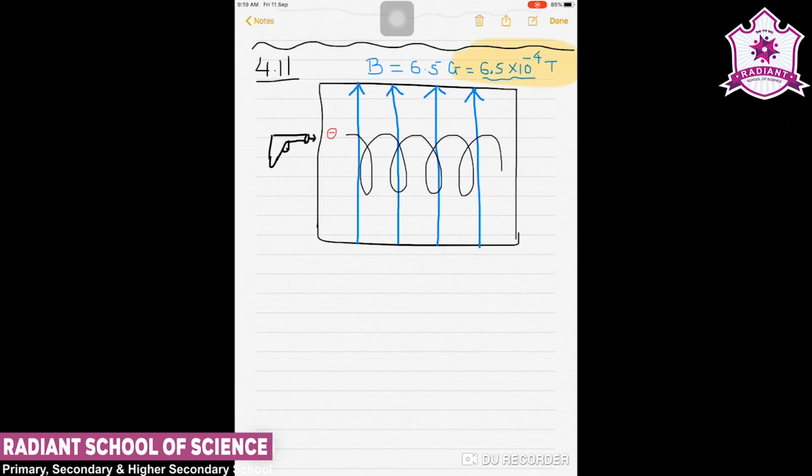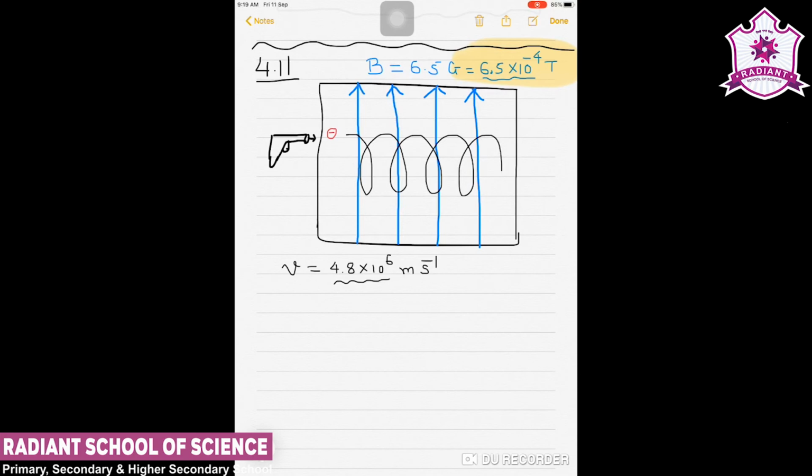Now an electron is shot into the field with a speed of 4.8 into 10 raised to 6 meter per second. So we are given the speed of the electron, and it is normal to the field.